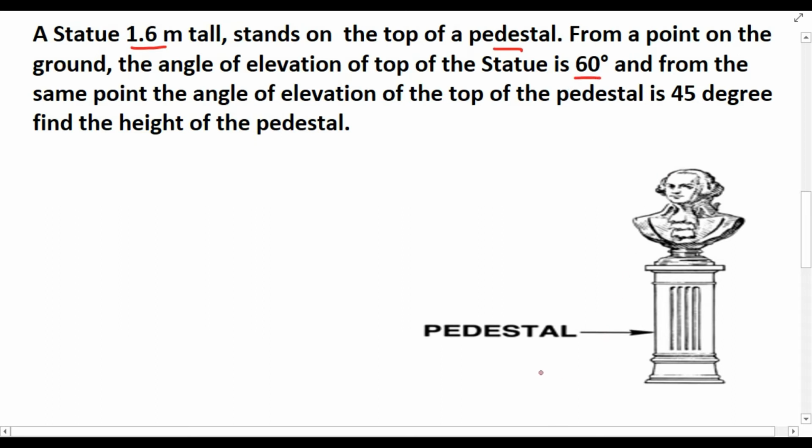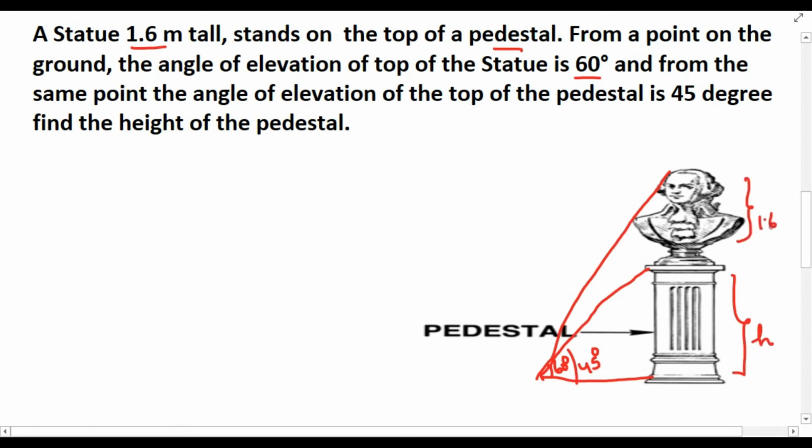So from some point on the ground, the angle of elevation to the top of the statue is 60 degree, and from the same point the angle of elevation of the top of the pedestal, that is here, is 45 degree. We need to find the height of the pedestal h, and the statue height they have already given as 1.6 meter.